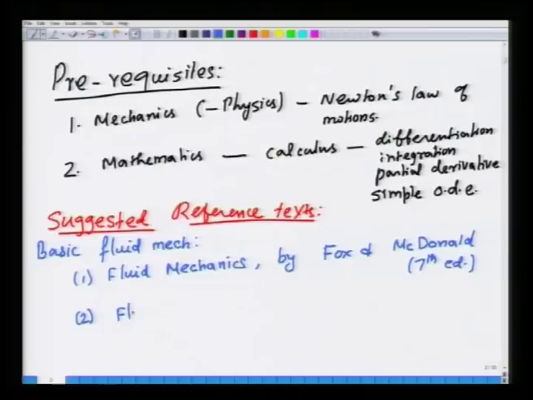And also another text on fluid mechanics by White. We now have the 6th edition available. So, these two are the textbooks that are useful if you want to read up more, that will cover the basic aspects of fluid mechanics that we are going to cover.